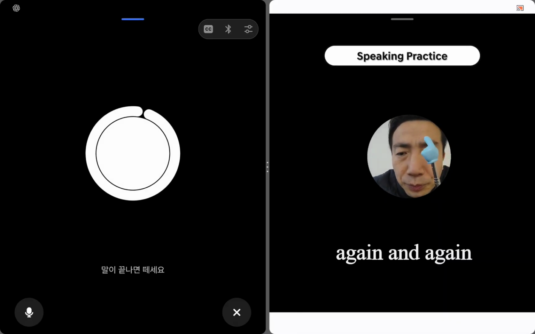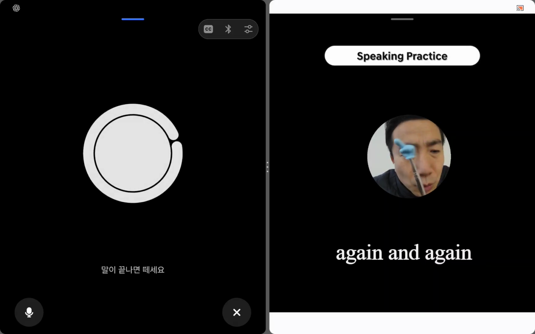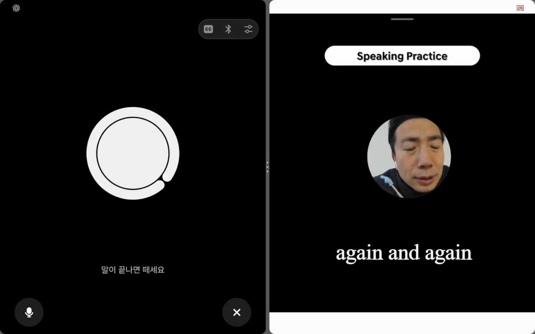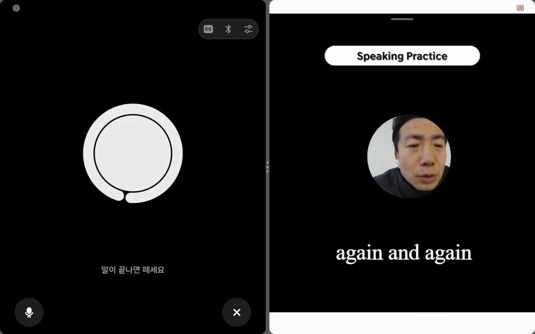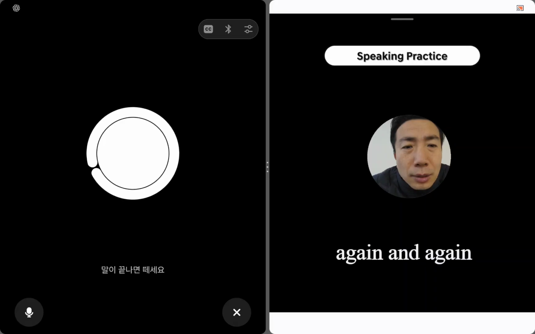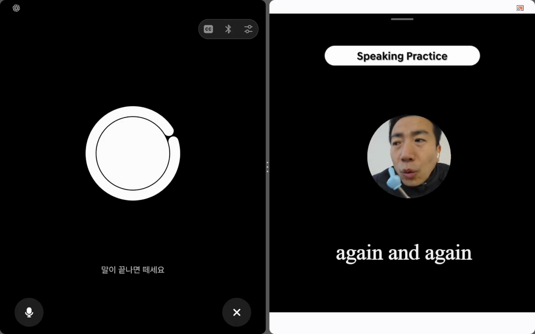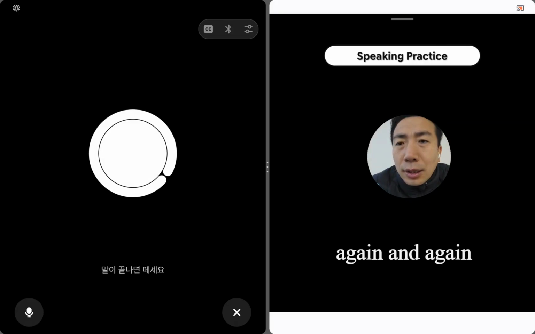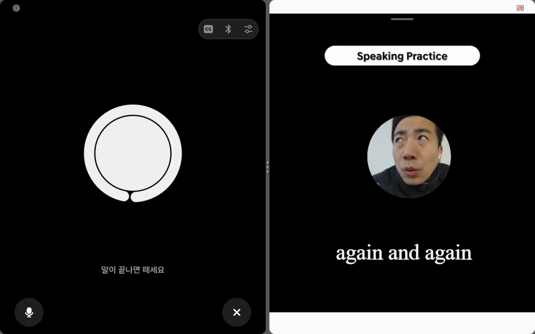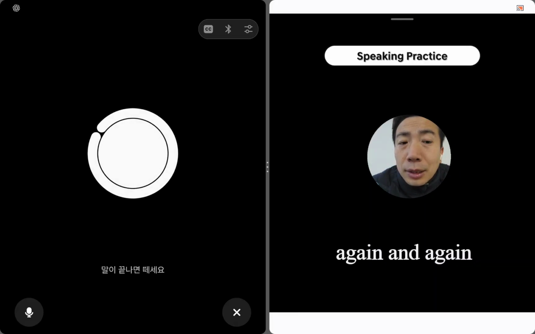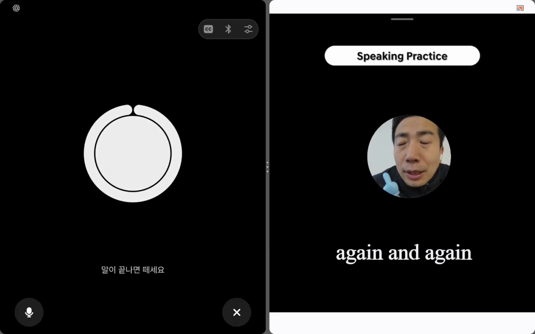GPT, I told you, I'd like to focus on every detail in this third page. So please speak one more time. Please introduce one more time with all details. No milestone left behind.